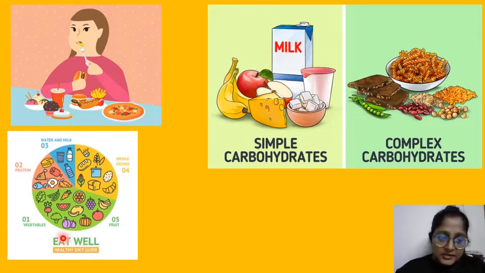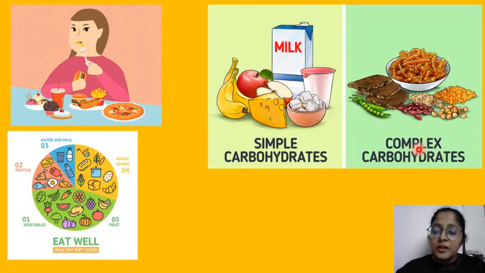In this pie chart, we have the whole grain section, the fruits and vegetable section, and the milk section. Maximum of these is carbohydrate. Either we are taking simple carbohydrates in the form of milk, cheese, fruit, vegetables, or we are taking complex carbohydrates in the form of whole wheat, whole grains, etc.